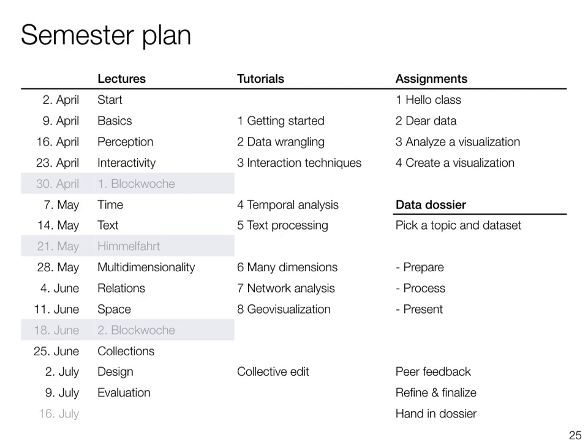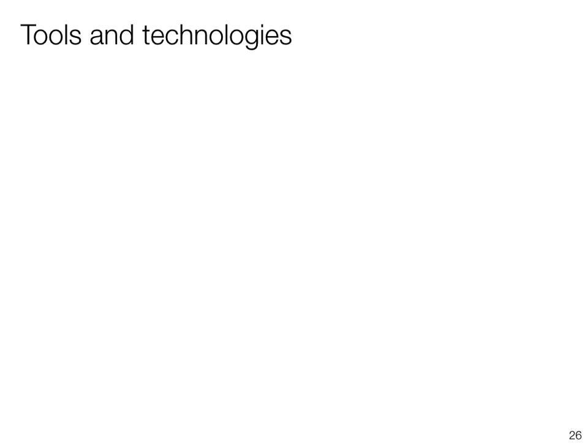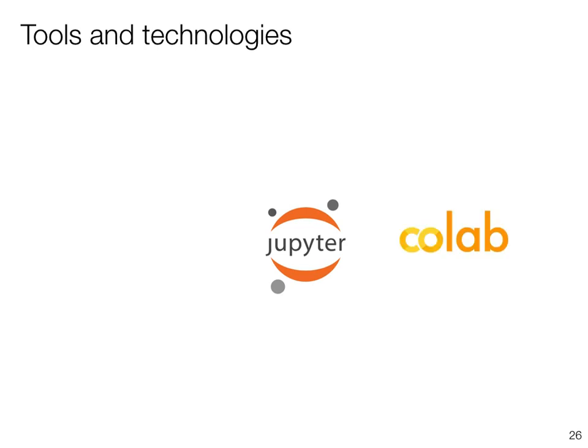So that's the semester plan, and I already mentioned it. We are going to work with Jupyter notebooks. They are documents that include code. They can be run on Colab, which is a Google platform.